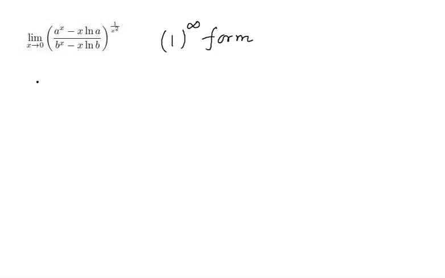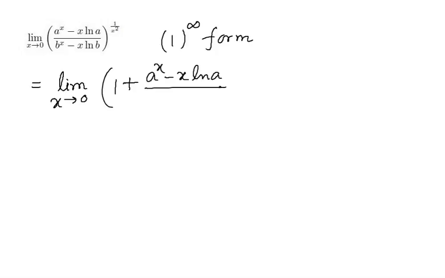To calculate the limiting value of the 1 to the power infinity form, we follow a particular concept: we can write this limit as limit x tends to 0, (1 plus (a to the power x minus x ln a divided by b to the power x minus x ln b minus 1)) to the power 1 by x square. You can see that I have added and subtracted 1 to balance it.